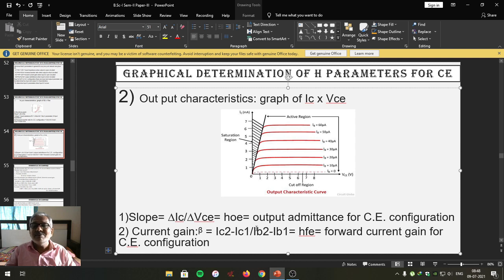Friends, thus we have determined all four parameters, that is HIE, HRE, HOE and also HFE, which are same as that of H11, H12, H21, H22 in general for two-port network, and these parameters for BJT in a common emitter configuration can be determined by using input and output respective characteristic curves.